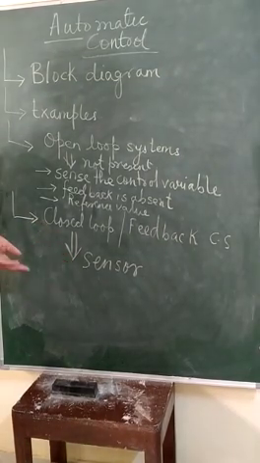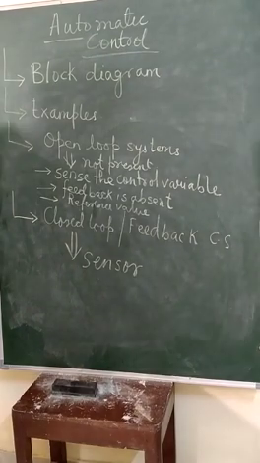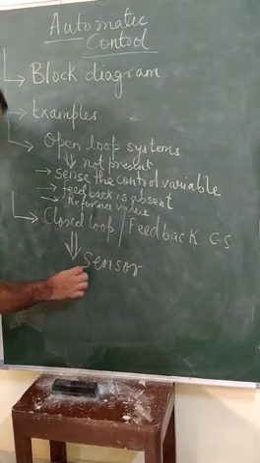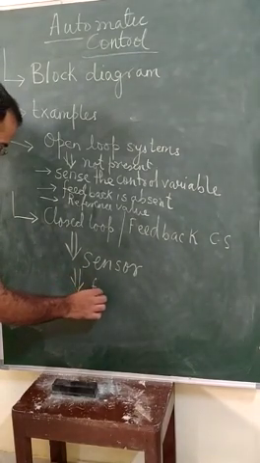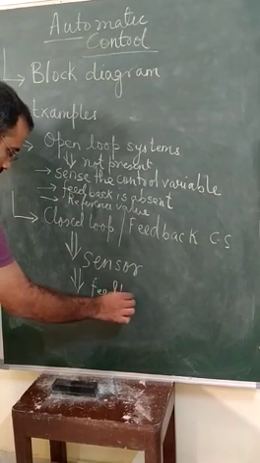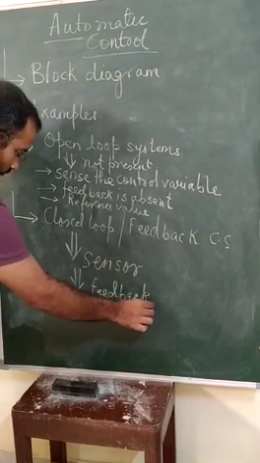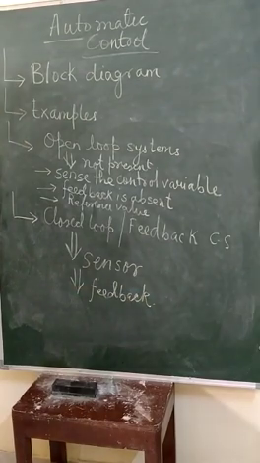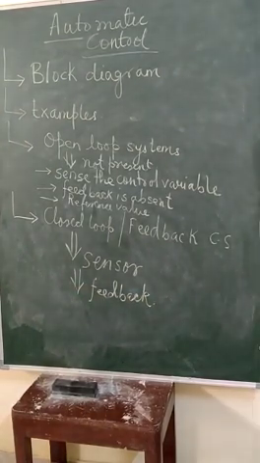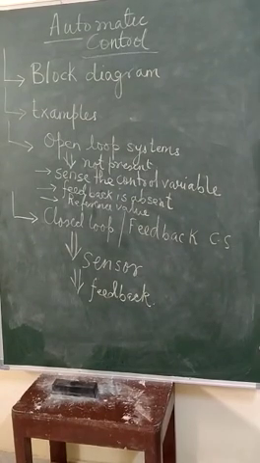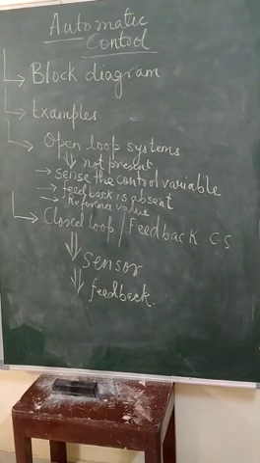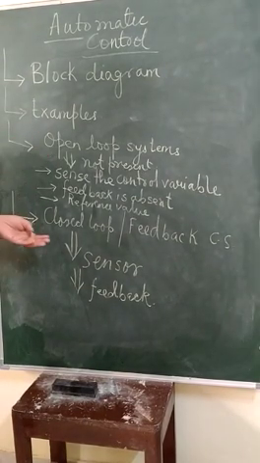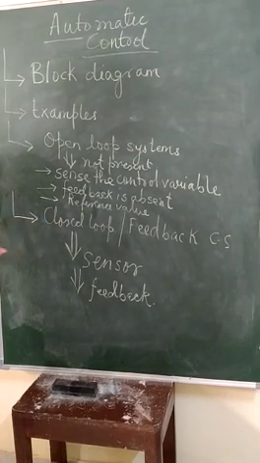You take this sensed value as a feedback from the system, and this feedback is then compared with the reference value of the control signal. Based on the error, the controller takes corrective action. And this is the contrasting difference between open loop systems and closed loop feedback systems.